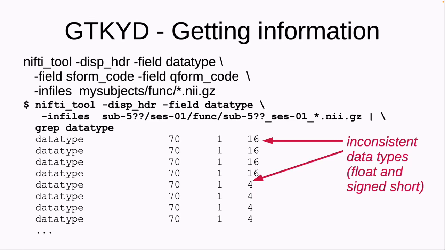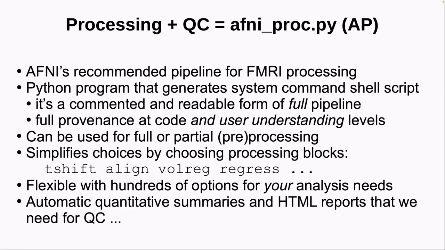Another tool that we need to talk about is afni_proc.py, our pipeline for fMRI processing, and it will collect a lot of information for us. We get to choose which processing blocks go into it.